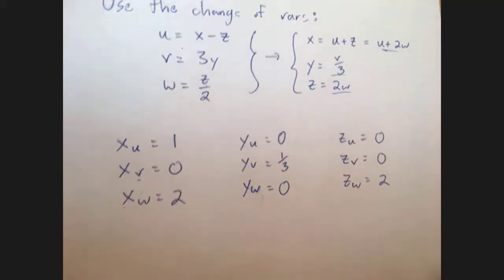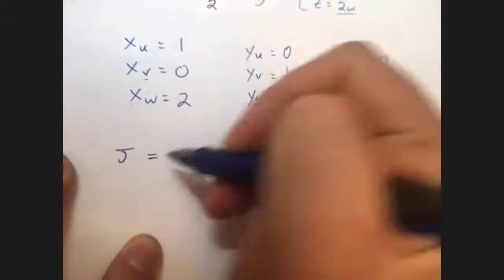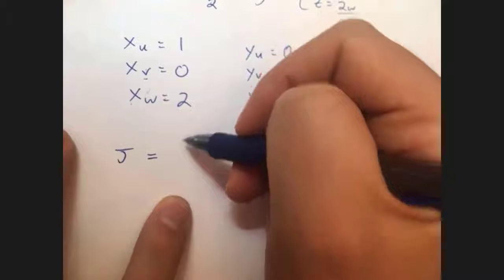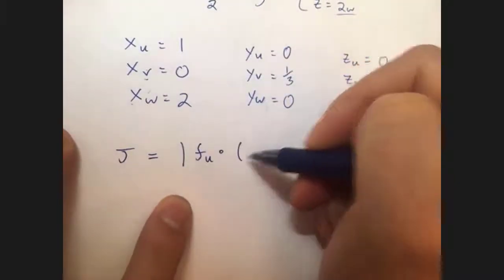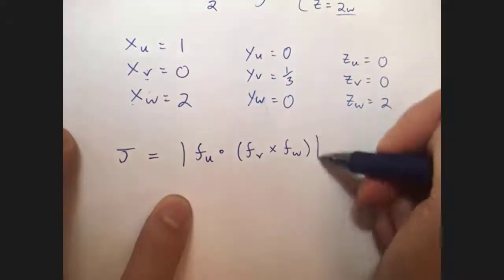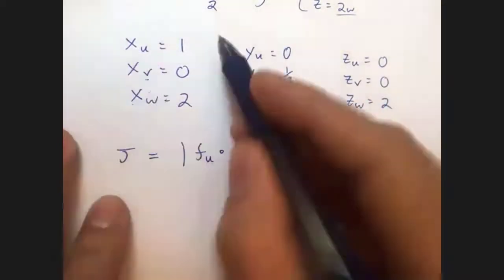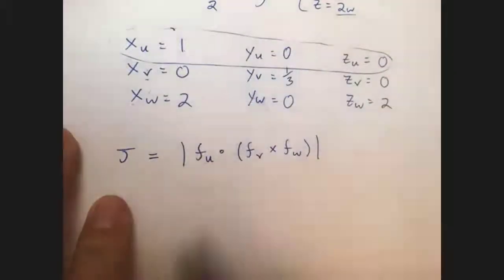So when we go and do the Jacobian, remember the Jacobian here is going to be the absolute value of Fu dotted with Fv cross Fw, okay? Fu is the vector 1, 0, 0.